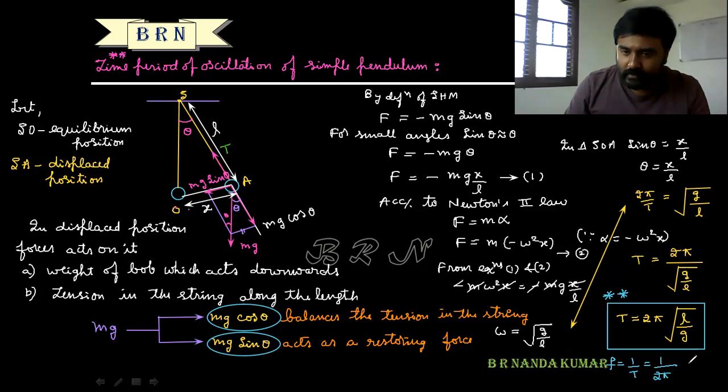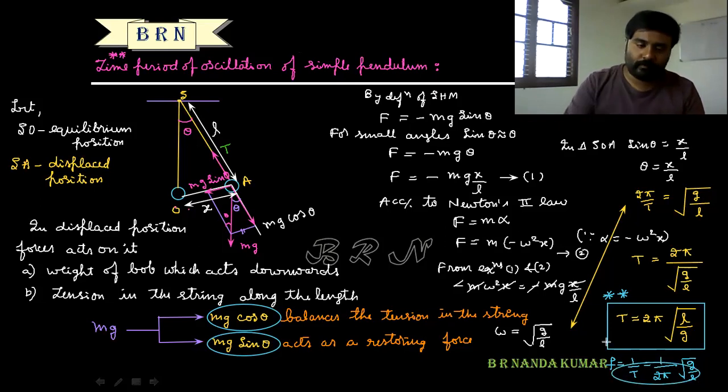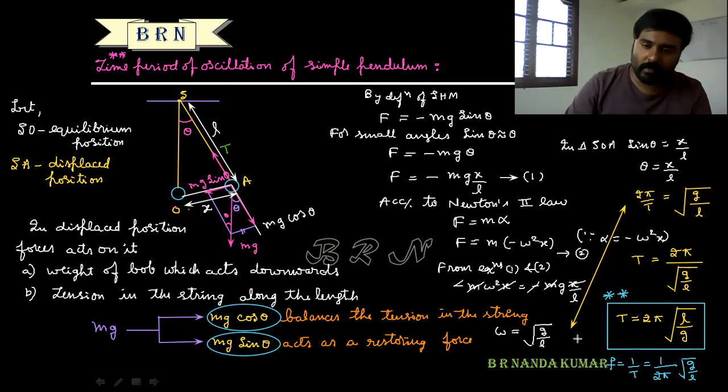So that is shifted to the numerator. What happens? Root g by L. So this is the expression for frequency. f is equal to 1 divided by 2 pi root g by L. This is the expression for frequency of oscillation of a simple pendulum.